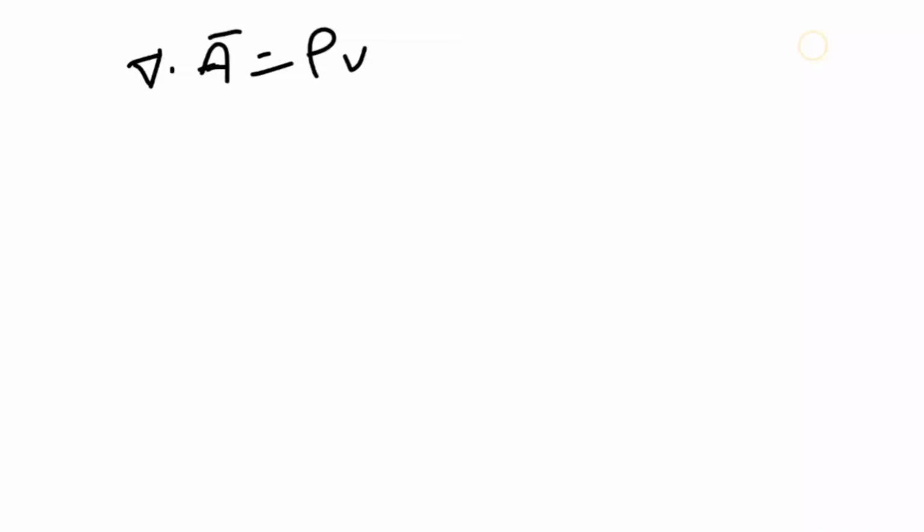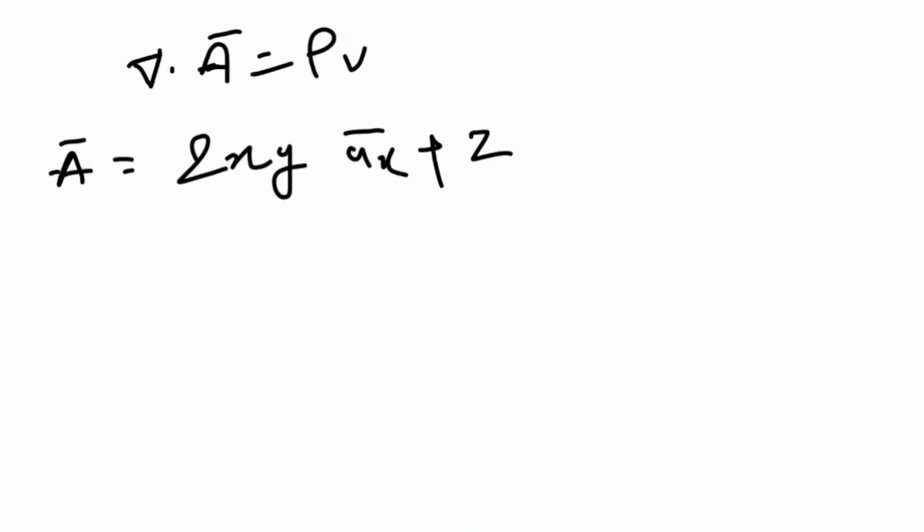You can understand it easily. For the numerical problem, let us assume that a vector A bar is given as A bar equal to 2xy ax plus z ay plus yz square az.